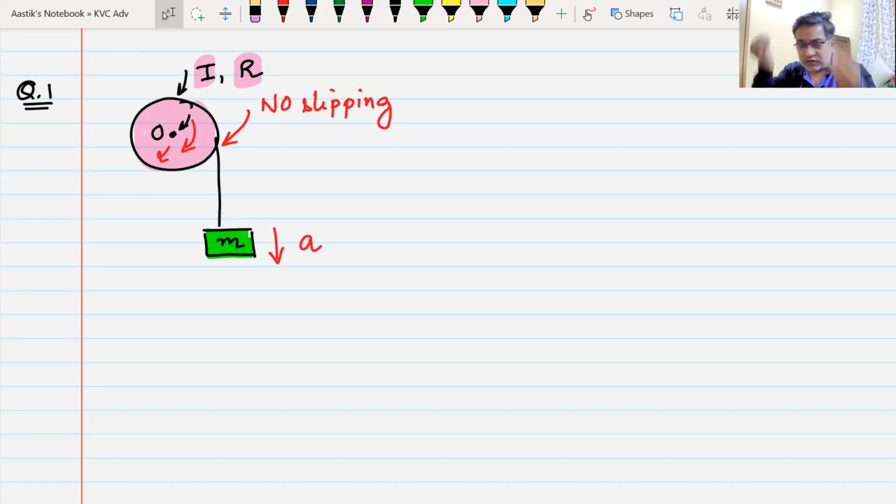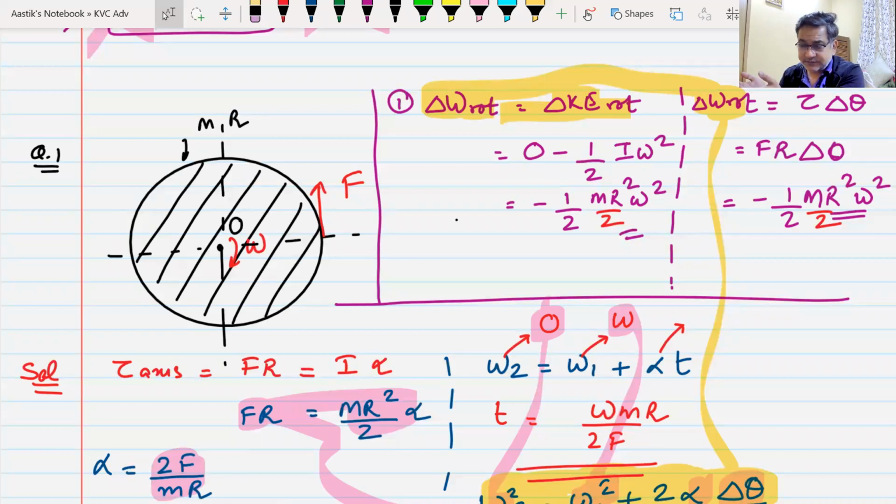You had made the equations of those blocks. Just now, I gave you a question where you had to find out the torque due to a force on this disk. You know how to draw free body diagrams. That is all that is required to solve this question. So I'll wait.